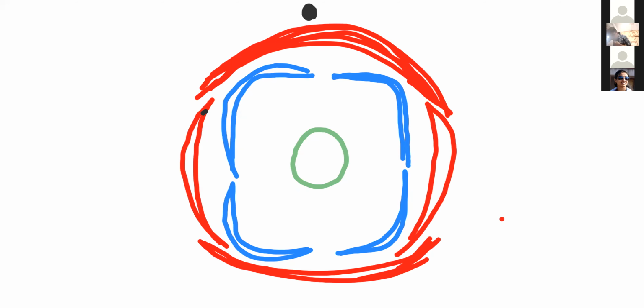Can anyone tell me in mustard what type of placentation? Parietal, correct. Okay. In mustard, parietal type of the placentation.